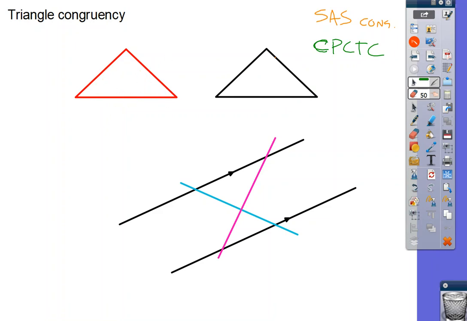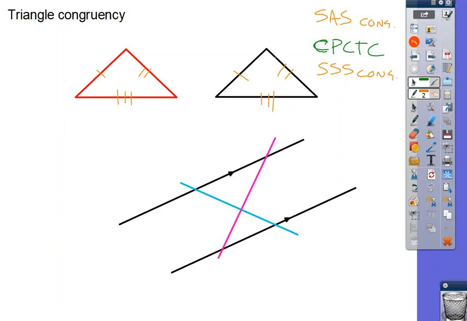All right, so the next theorem that we're going to talk about is if we have all three side lengths congruent, then we can say the whole triangle is going to be congruent, and that is called side, side, side congruency.